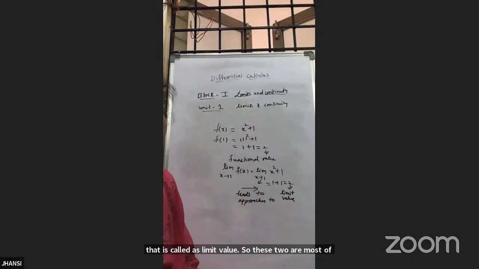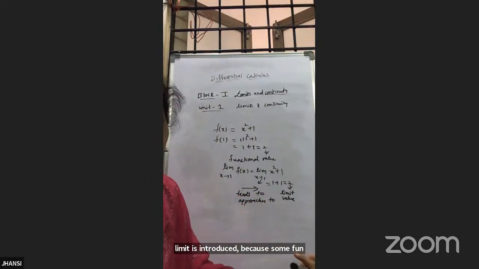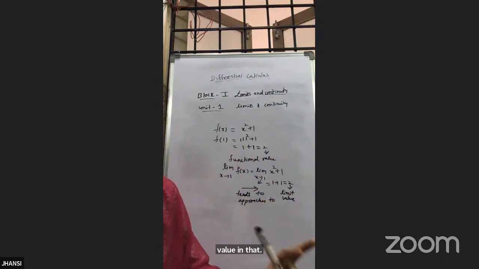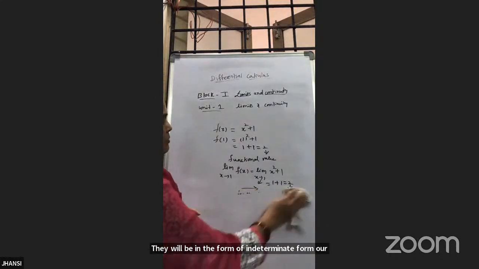But why is the concept of the limit introduced? Because some functions are there, whenever you substitute the limit value in them, they will be in indeterminate form or undefined form. Okay, these types of forms you will get. So the forms will be like this.